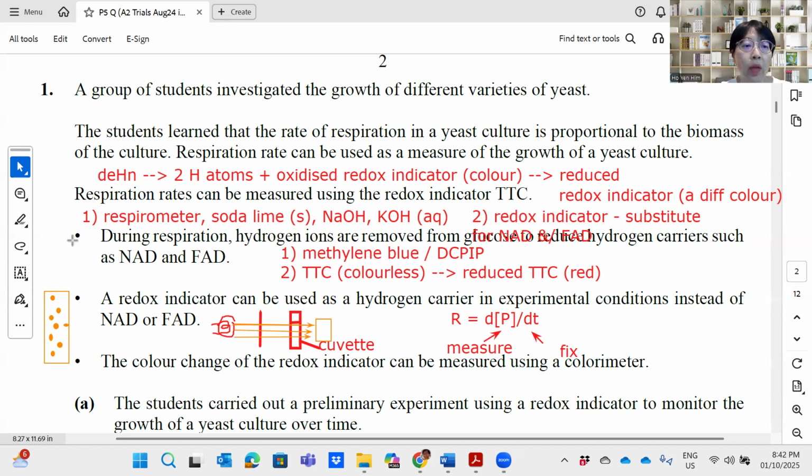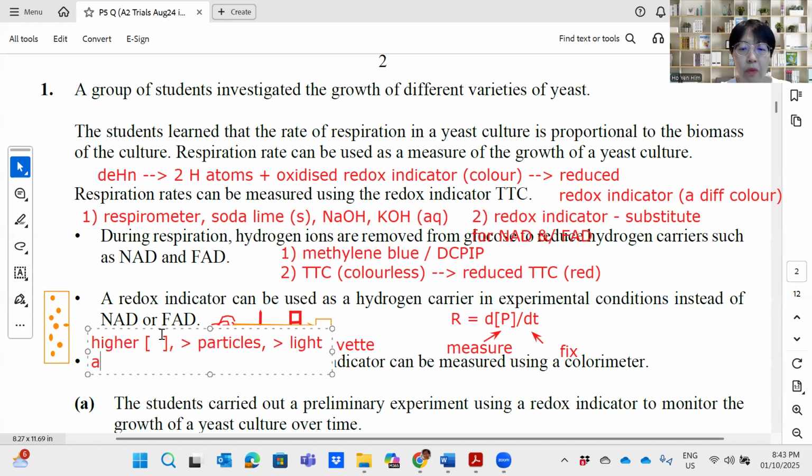So the higher the concentration of whatever solution you want to measure, the more particles, and the more light will be absorbed. And therefore, when more light is absorbed, the absorbance will increase.